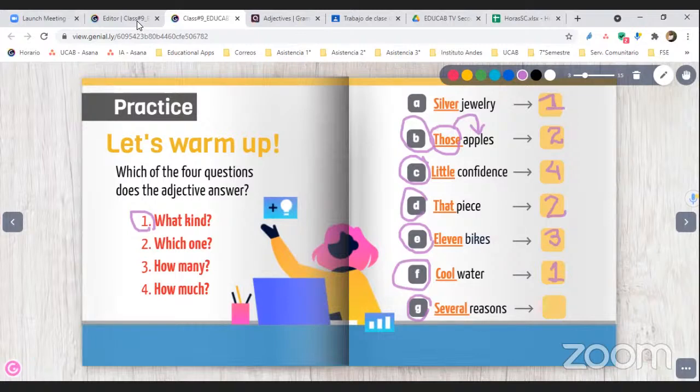So it should be how many, because we can count reasons. For example, I can tell you the reasons that I have for, I don't know, being vegetarian. So I can count the number of reasons, okay? So it should be number 3 because it is a countable thing and we're not specifying which reason.